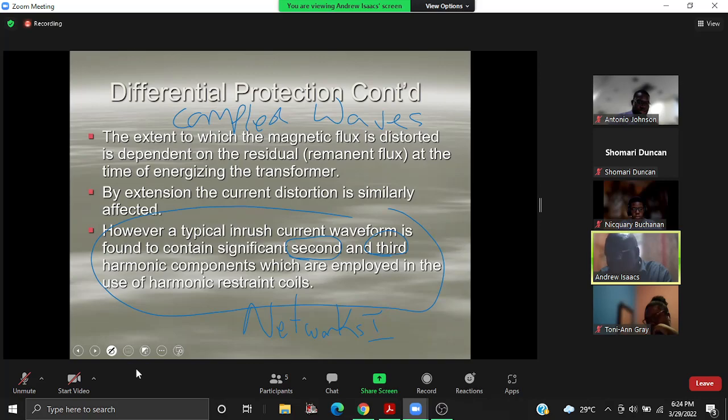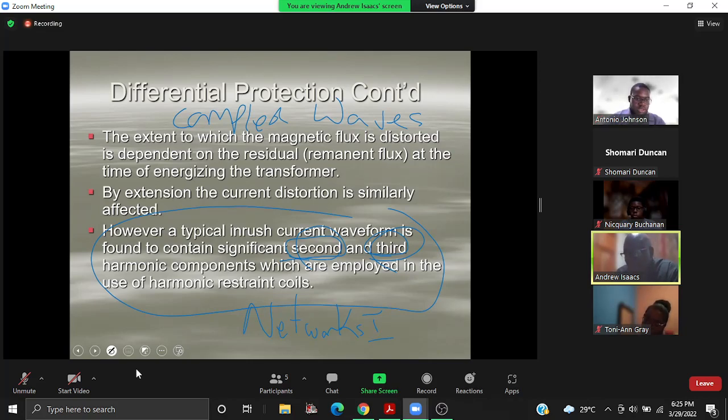Now, if there's a fault on the transformer, then the current going in would not have these harmonics, and so the differential would trip. However, if it's a through fault, the differential would not trip. However, your overcurrent system would.